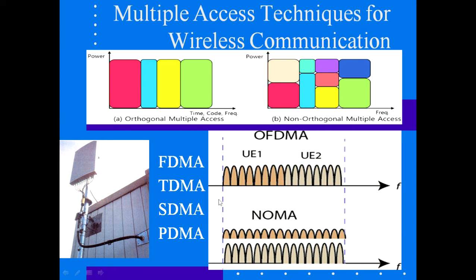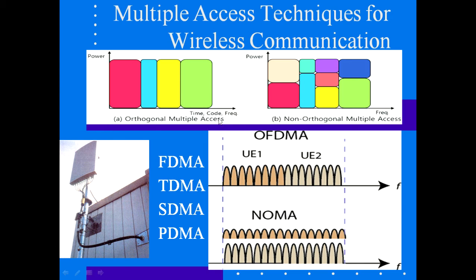Among these four multiple access techniques, FDMA, TDMA and SDMA are orthogonal multiple access techniques, whereas pattern division multiple access is related to the non-orthogonal multiple access techniques. This diagram explains the difference between orthogonal and non-orthogonal multiple access techniques.